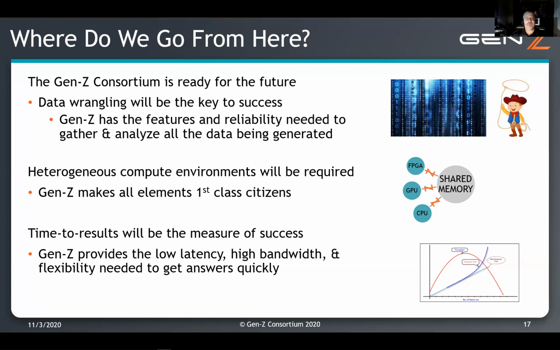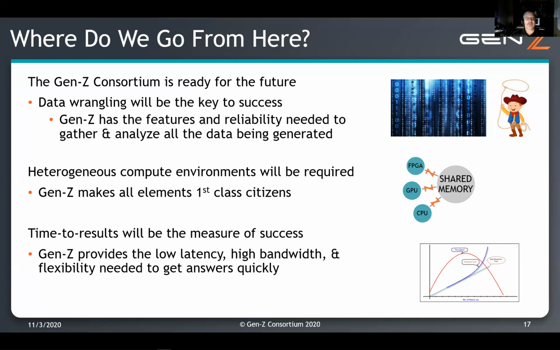In addition, Gen Z treats everybody as a first-class citizen. So FPGAs, GPUs, CPUs can all get to this shared memory with the same rights levels. And by doing so, it makes it very easy for me to simply message between those types of devices to tell them who's the next actor, what's the next thing to do.